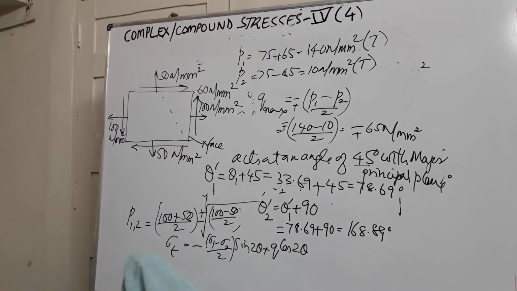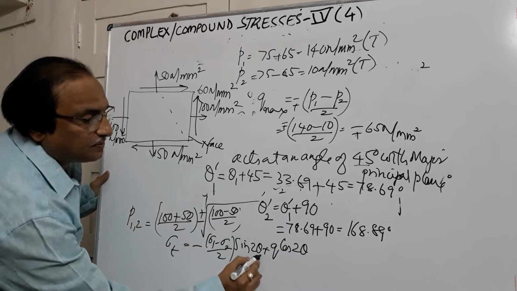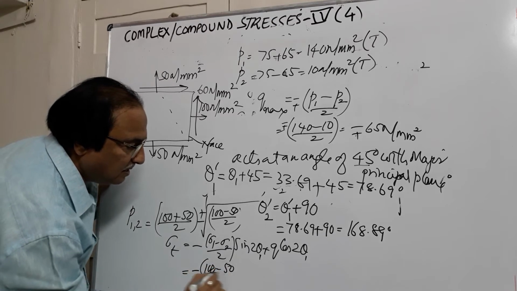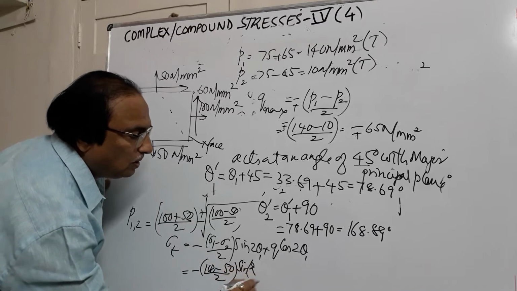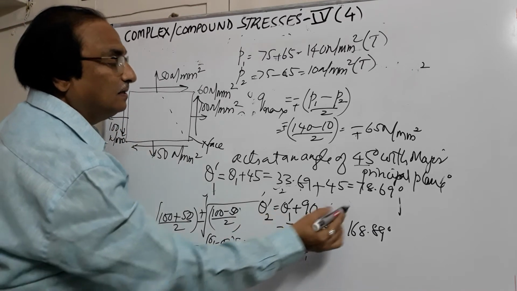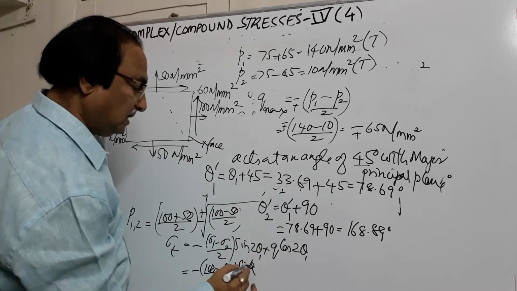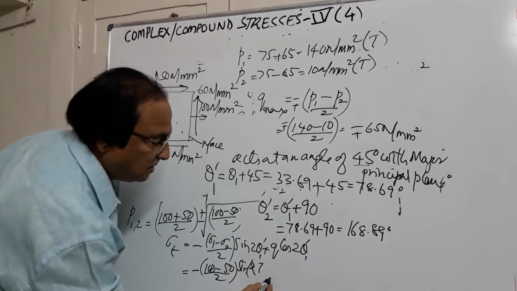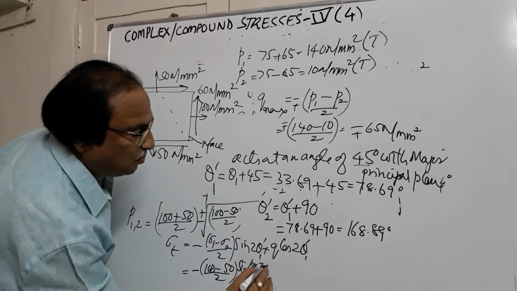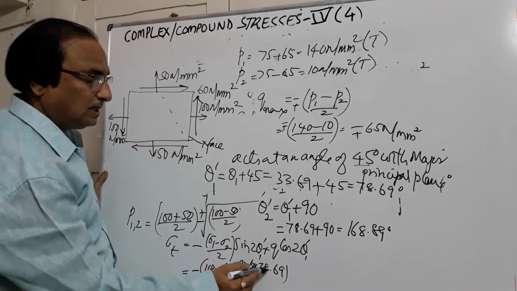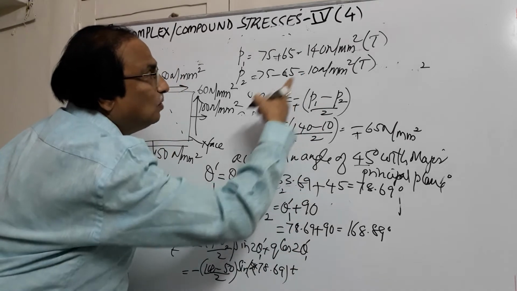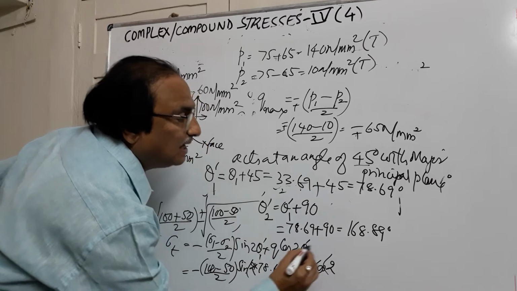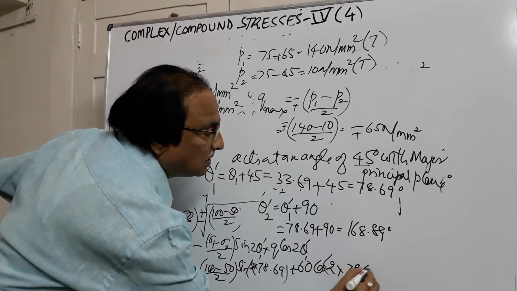Suppose I substitute the theta 1 dash value in this: minus (100 minus 50) divided by 2, sine of 2 into 78.69, plus q, the value of q we have taken is 60, into cos of 2 into 78.69.